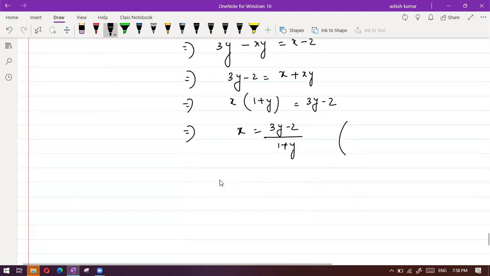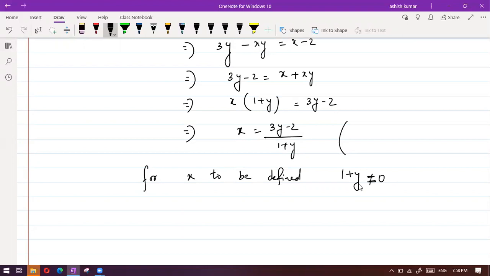Now we have to find the values of y for which x will be defined. For x to be a real or defined value, can we say that 1 plus y should not be equal to 0? Can we say this, Ruchita? Yes, sir.